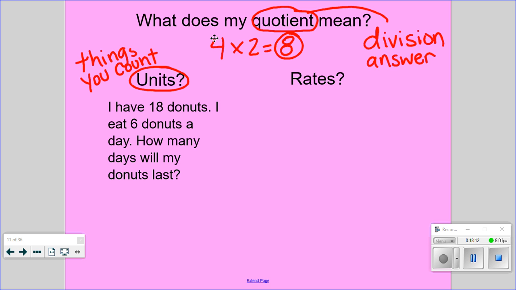If we think about that question, how many days will my donuts last? The thing that I'm counting is days. So my answer sentence is going to look like this. Blank days. That's normal. We've seen that in multiplication, right? Blank donuts, blank days.